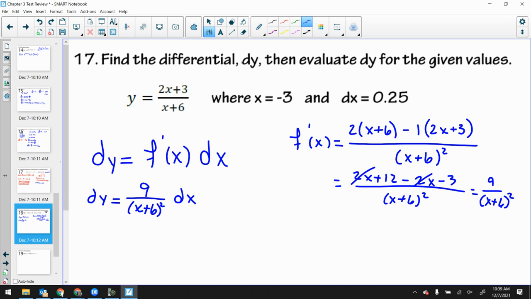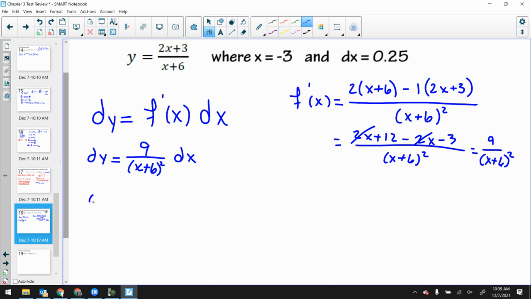And understand what I'm asking here. I'm saying find how much y is going to vary. If I tell you where I'm going to, negative 3, and I say, okay, I'm going to let x vary 1/4, a quarter, right? I'm going to let x be close enough to be a quarter. How much does that change my y? How much does that affect my y?